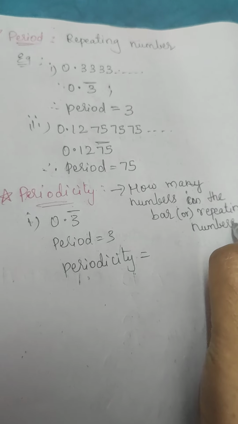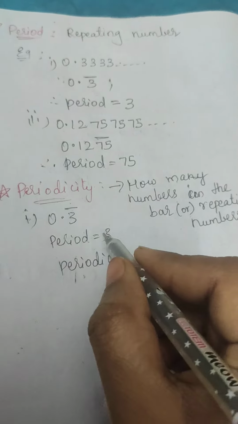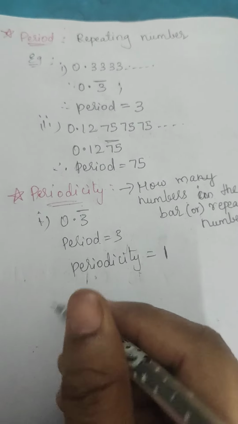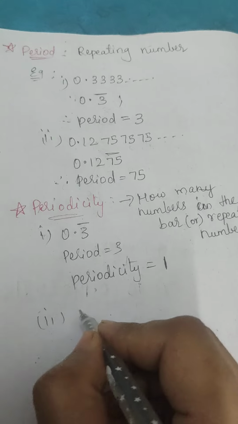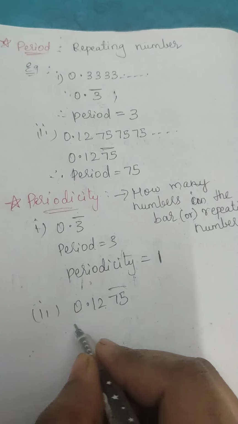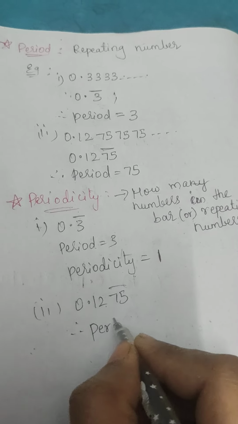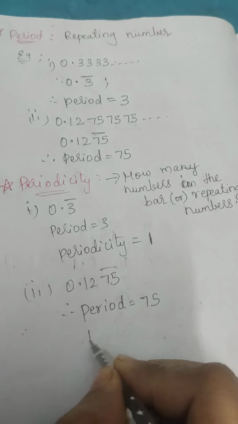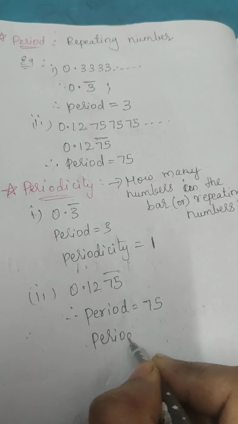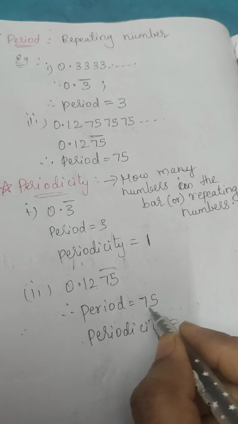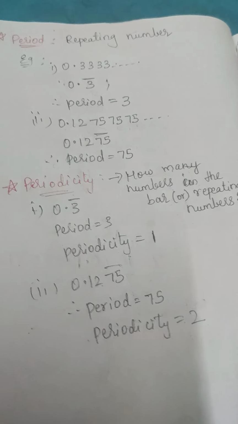That is the periodicity we take. Here only one number is repeating, so periodicity is 1. If two numbers are repeating, then periodicity will be 2. Therefore, for the second example, the period is equal to 75. Periodicity is equal to 2, as two numbers are repeating.